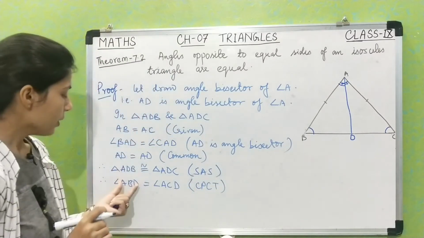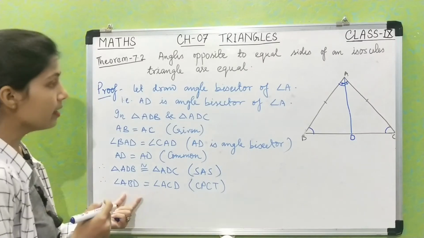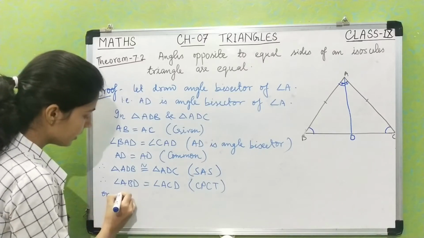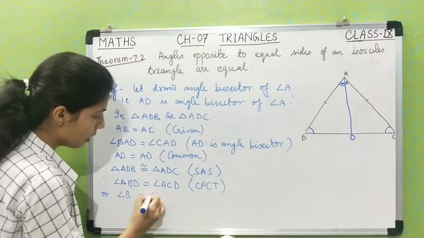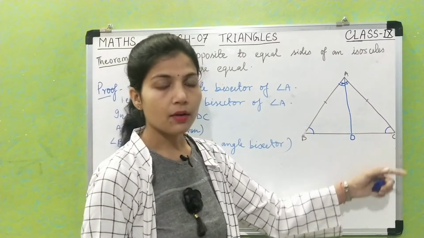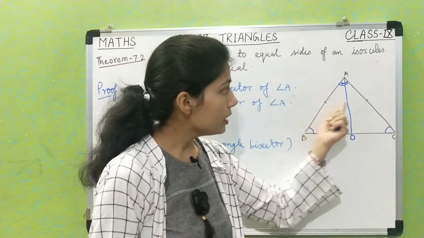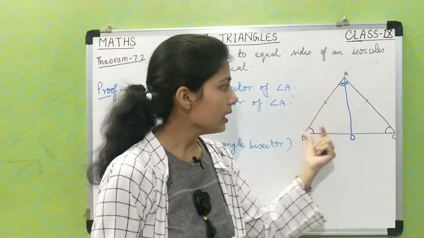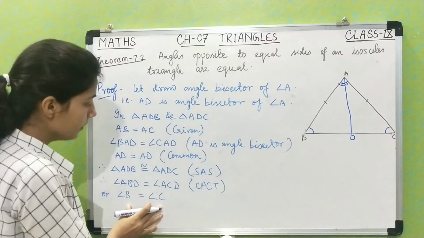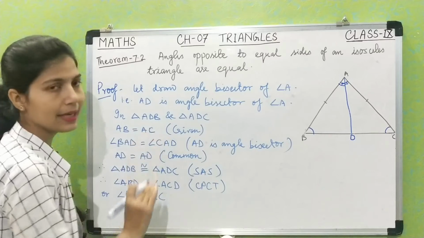Okay, now we can write these angles ABD and ACD as angle B and angle C. Or we can write this as angle B equals angle C, and angle B and C are what? Angle B and C are the angles opposite to these equal sides of this triangle ABC. Okay, so here we have proved these angles are equal which are opposite to equal sides.